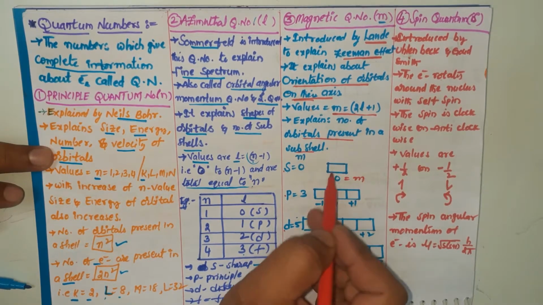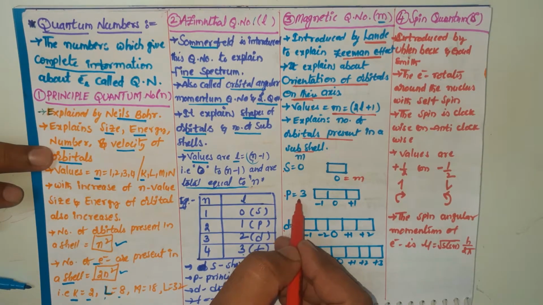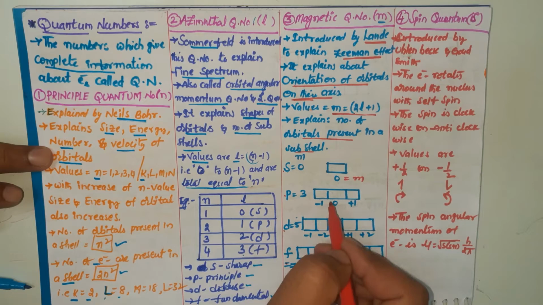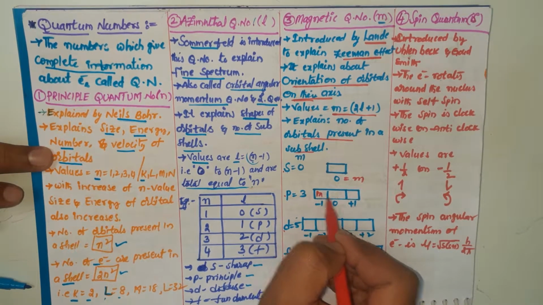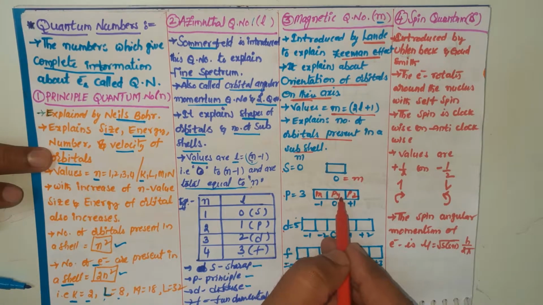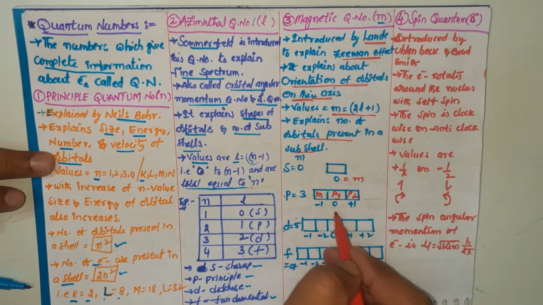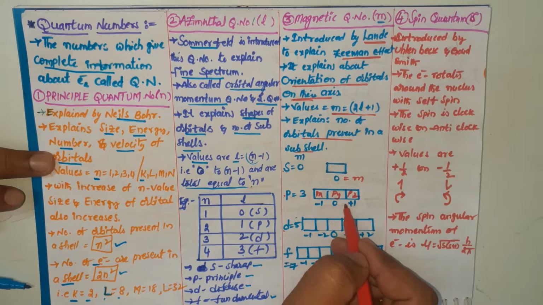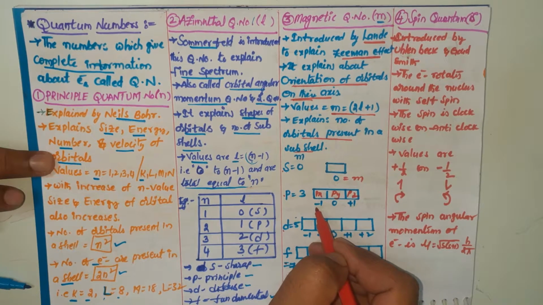Next, p has 3 orbitals: px, py, pz. Okay, students, px, py, pz. How to show the m values? The middle one is 0, the right side is plus 1, the left side is minus 1.